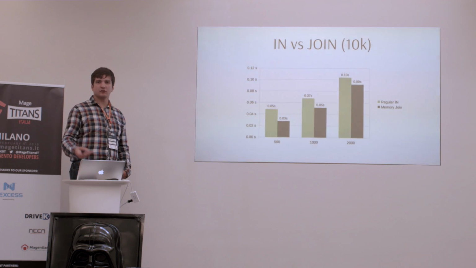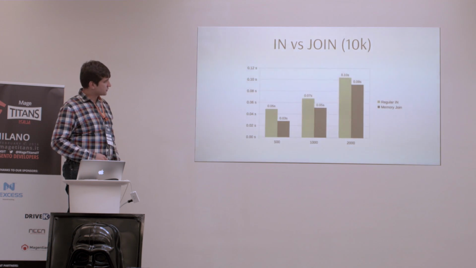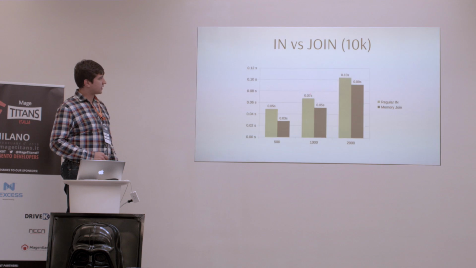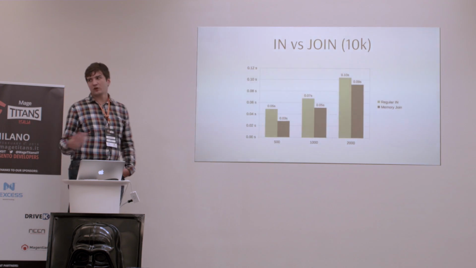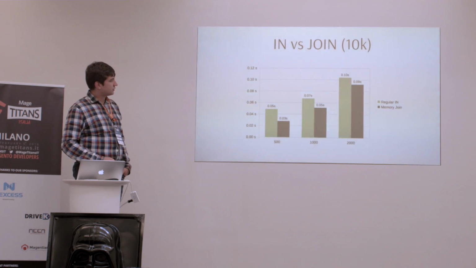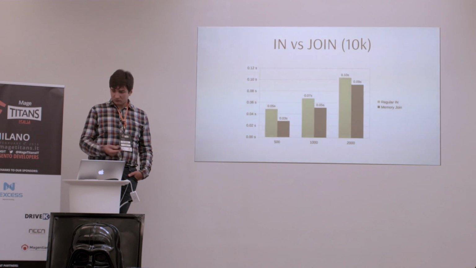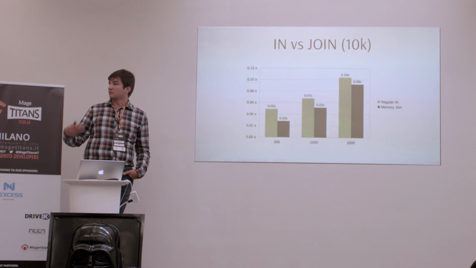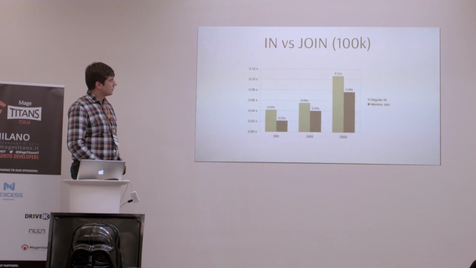So already a small improvement. If I'm going to retrieve thousands of items, on average it will take 70 milliseconds, and the memory table will take 20 milliseconds less. And if I'd like to retrieve 2,000 items, it will take 100 milliseconds and 90 milliseconds accordingly. So as you see, most of the time it's faster compared to the regular IN condition.